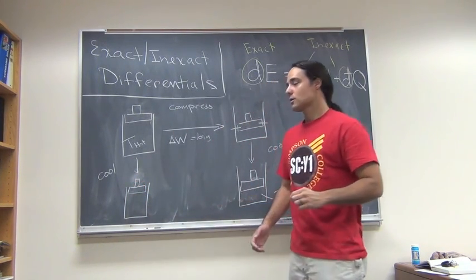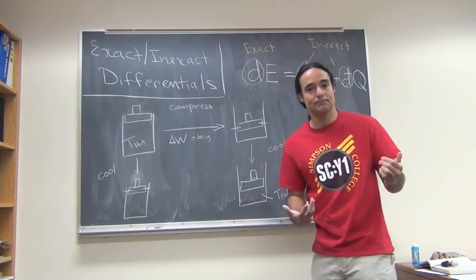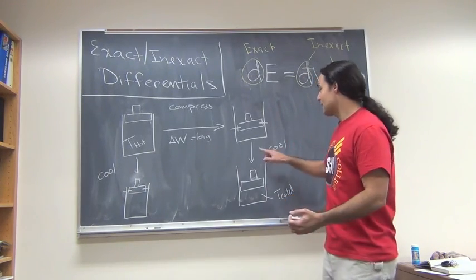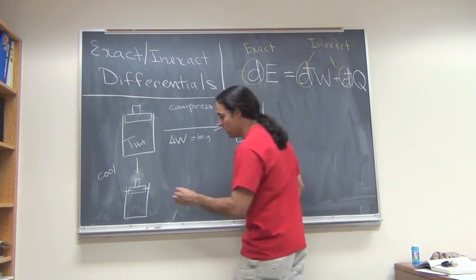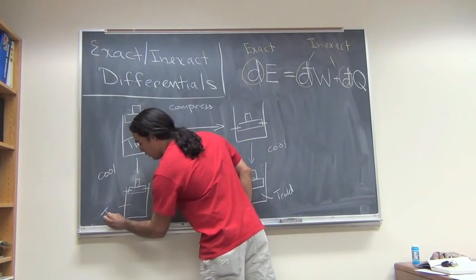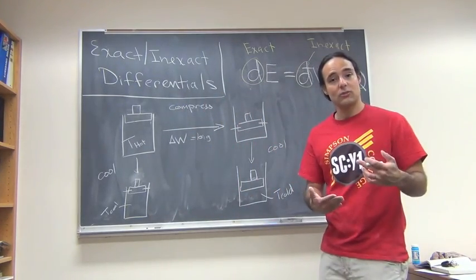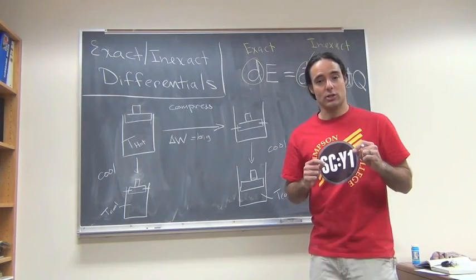Cool the gas first, okay, with this piston clamped on. So I haven't done any work, much like I didn't do any work on this cooling stage. But now we have a cool gas. It's not going to take as much work to compress that gas because the molecules aren't moving very much.